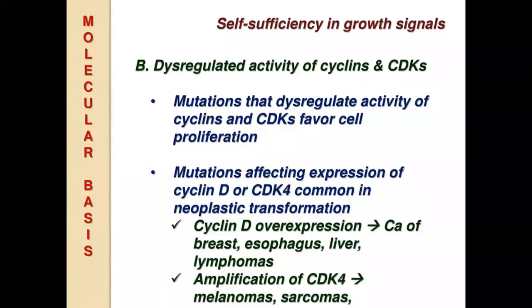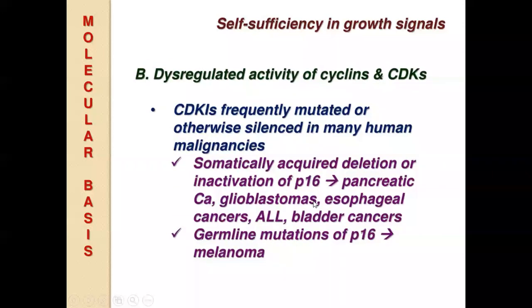When there is a mutation in cyclin, particularly in cyclin D or CDK4, the mutation affecting expression of cyclin D or CDK4, common in neoplastic transformation, are the most growth promoting signals in cancers. Following tumors have such oncogenes. That is, when mutations occur, they occur most commonly in cyclin D and CDK4. CDK inhibitors are frequently mutated or otherwise silenced in many human malignancies.